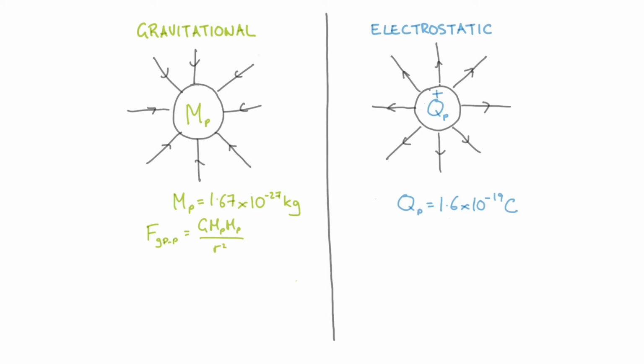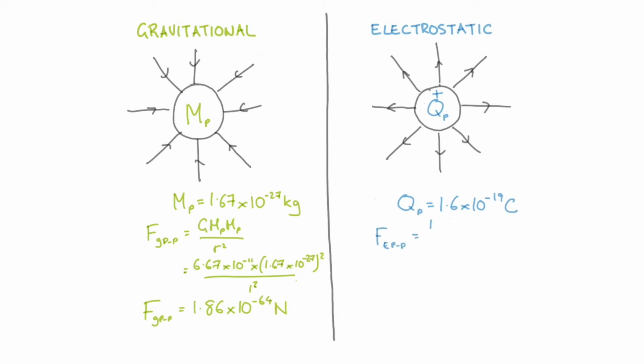So we're going to go force of gravity is GMm on r squared. And we're going to assume the distance between them is 1 meter just for brevity. So putting this in our formula here, we have the gravitational constant times the masses squared on 1 squared, and we have a tiny force of 1.86 times 10 to the minus 64 newtons.